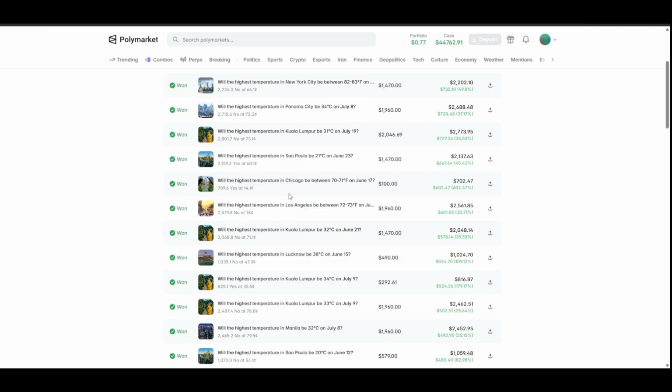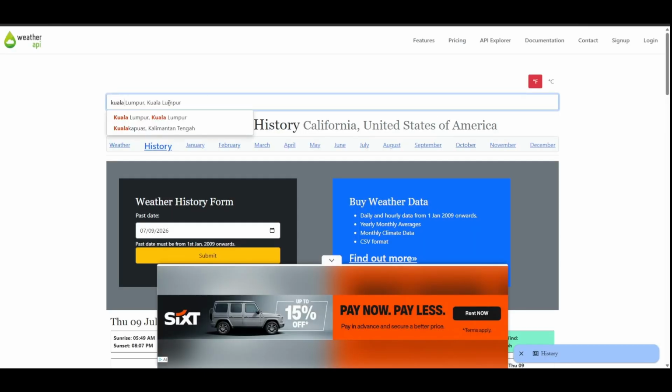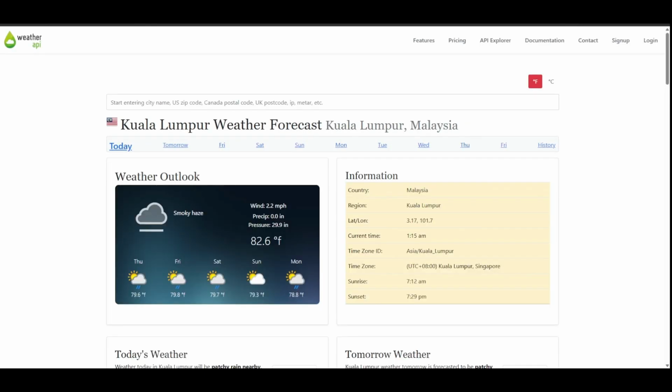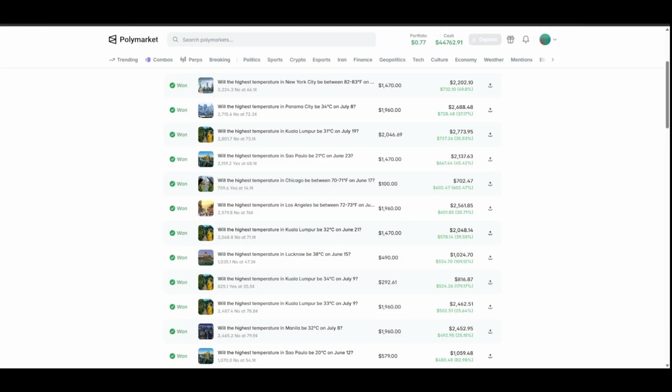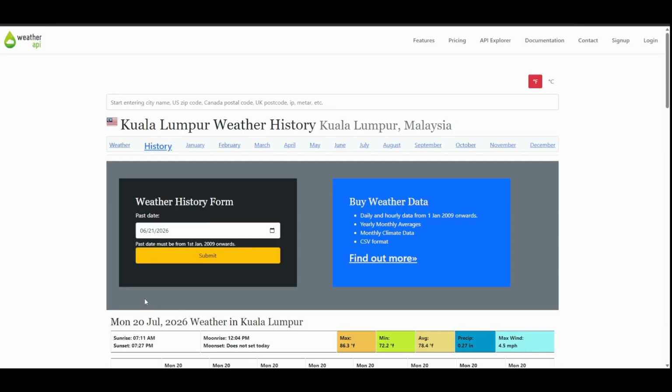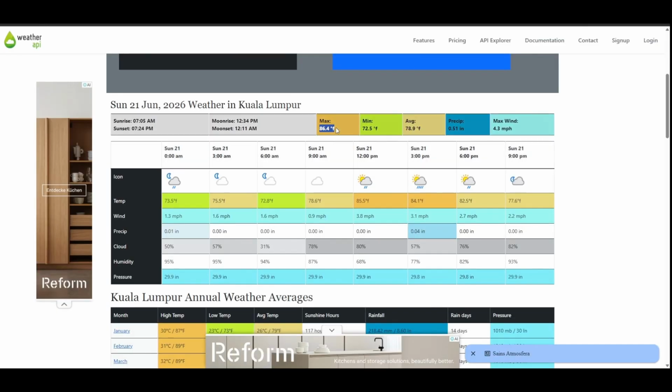Kuala Lumpur, June 21st. Will the highest temperature be 32 degrees Celsius? We bet on no. We are back in the city of Kuala Lumpur once more on the 21st of June. We click on history, June 21st, Kuala Lumpur, Malaysia. And we see that 86.4 is actually the highest recorded temperature across all of Kuala Lumpur.